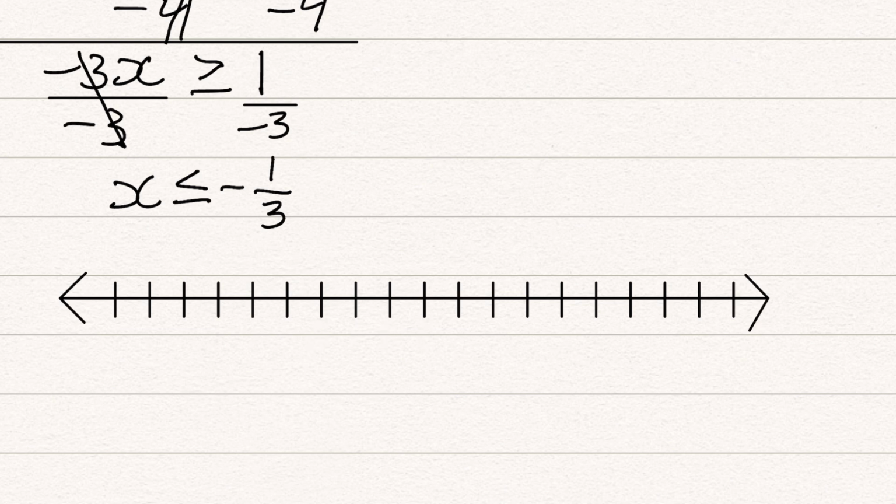But what we could do instead, since we're looking for negative 1/3, is say this is 0, and then we go 1, 2, 3. This will be negative 1. 1, 2, 3. That'll be negative 2. 1, 2, 3. This will be negative 3. Same thing in the other direction, 1, 2, 3. So now each of those tick marks represents 1/3.